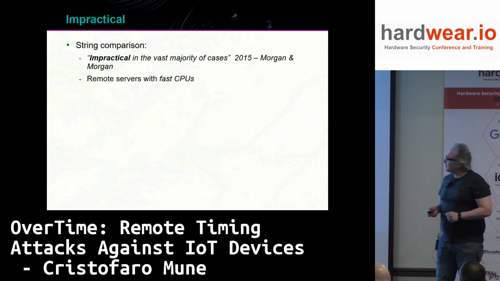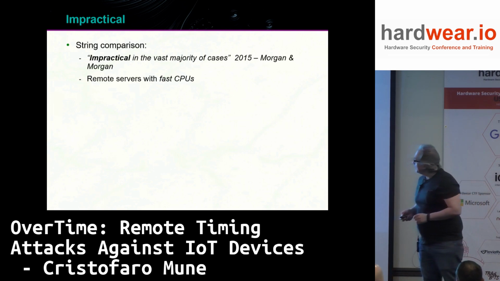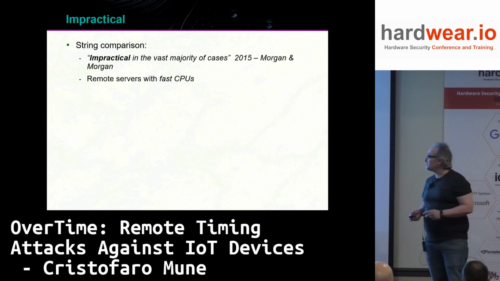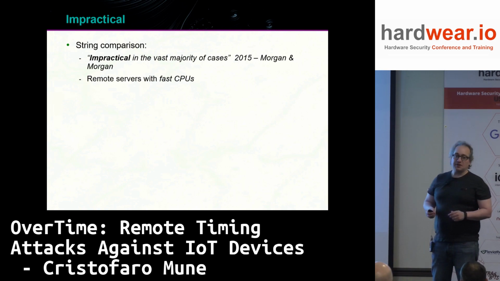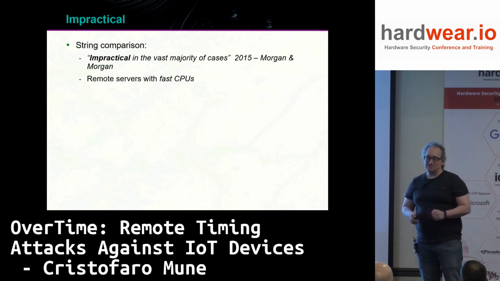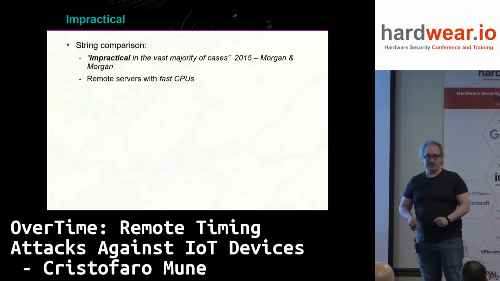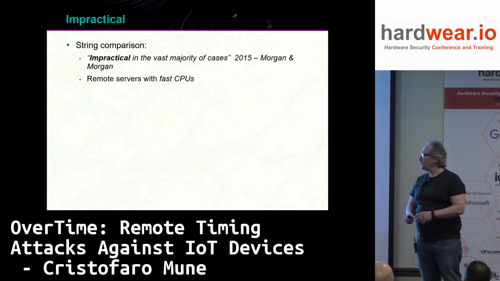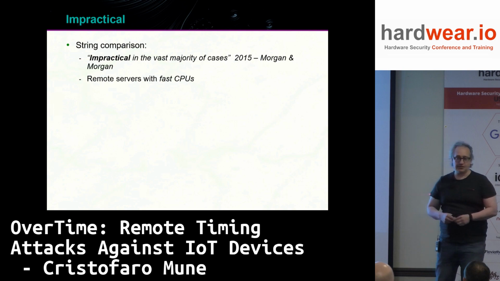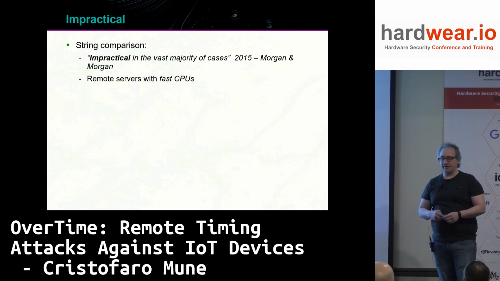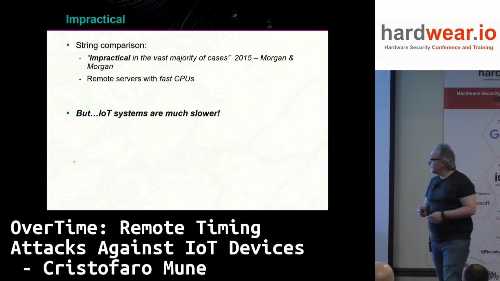I would say that I agree with Morgan and Morgan, there are two different Morgans, the Black Hats, who say that it's impractical in the vast majority of cases in 2015. But the case that they were considering, and that the literature until now considered, are remote servers with fast CPUs or network connections. On that part, I fully agree that I would not even spend 5 seconds thinking about it.